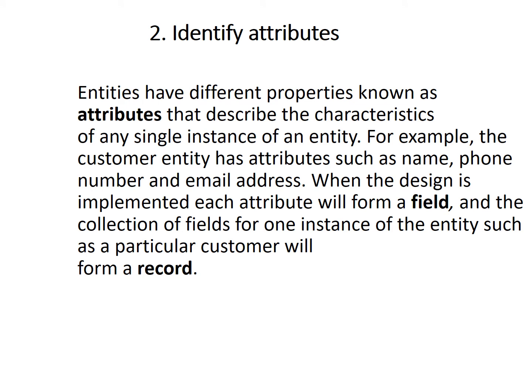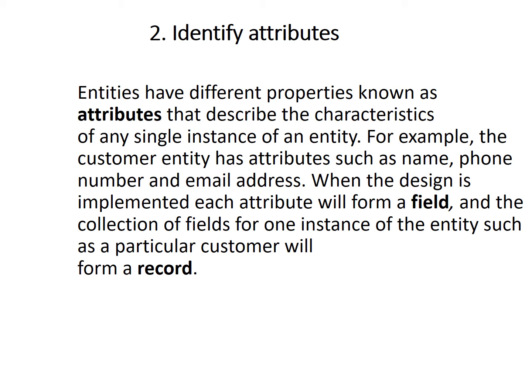Number two, identifying the attributes. Entities have different properties known as attributes that describe the characteristics of any single instance of an entity. For example, the customer entity has attributes such as the name, phone number, and email address. When the design is implemented, each attribute will form a field.